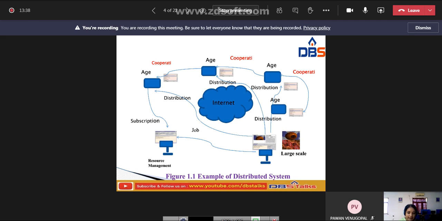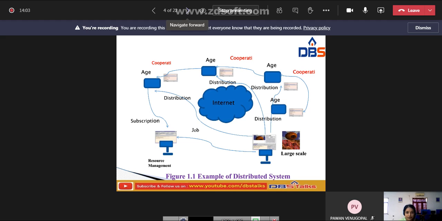The users access data from the internet and give information to the internet. They store the data in the internet and access it from the internet. This is distributed in nature, so we can say it is an example of a distributed system.